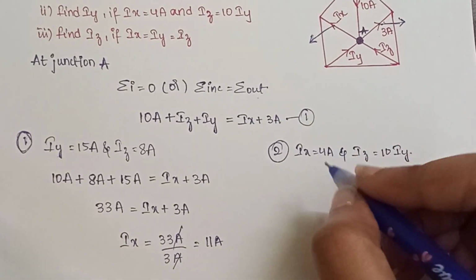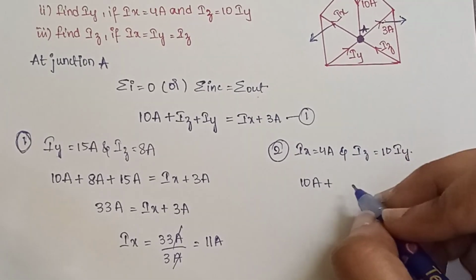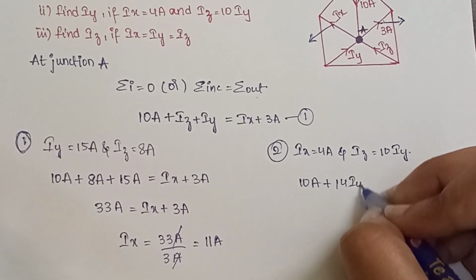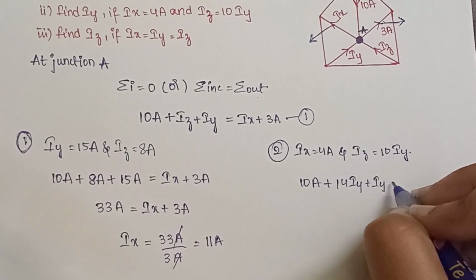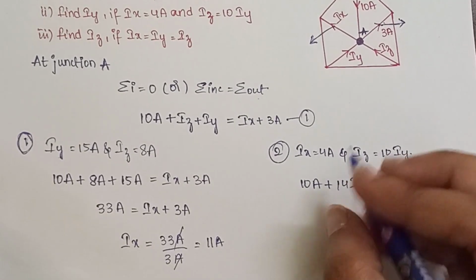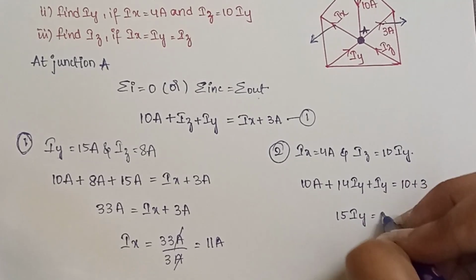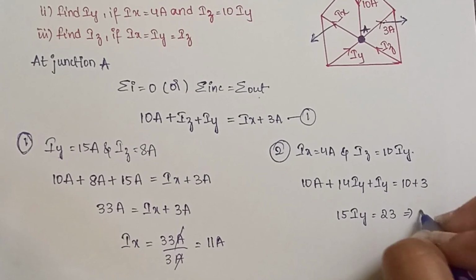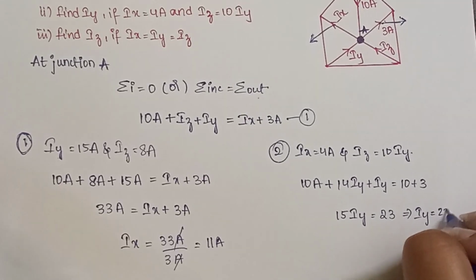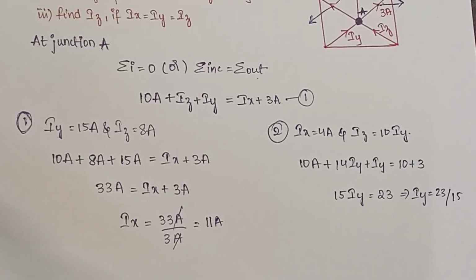If we substitute, what we get is 10 amperes plus 14 Iy plus Iy is equal to 10 plus 3, which means 15 Iy is equal to 23 and your Iy will be 23 by 15. So this is the Iy equation you are getting.